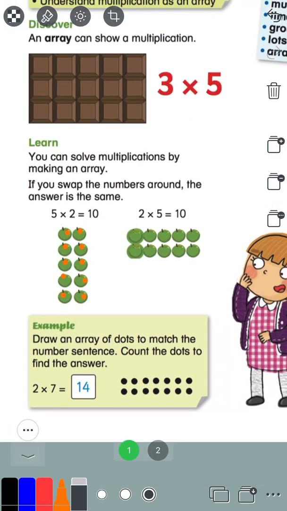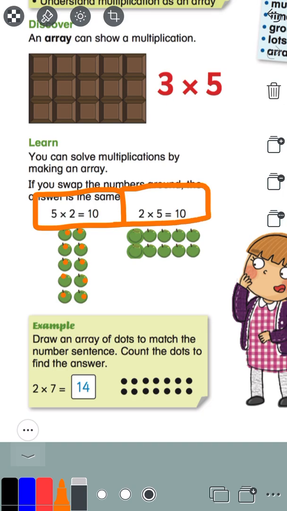Look at this. 5 times 2 is actually the same as 2 times 5 because both of them equal 10. Alright, so 2 times 5 equals 10 and 5 times 2 equals 10. So we can swap the numbers in multiplication. This is multiplication, not addition, not subtraction.